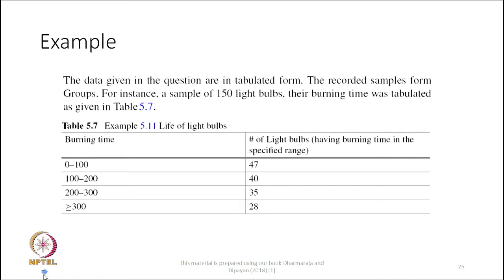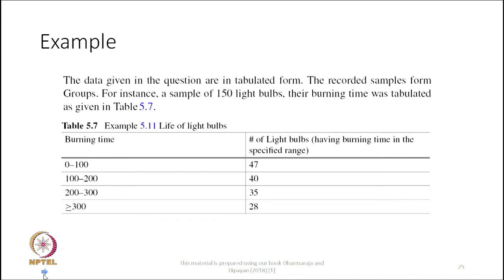Let me start with a simple example, then we go to the theory. We have a data, and the data says the data of 150 light bulbs are taken and we got the burning time of 150 light bulbs.